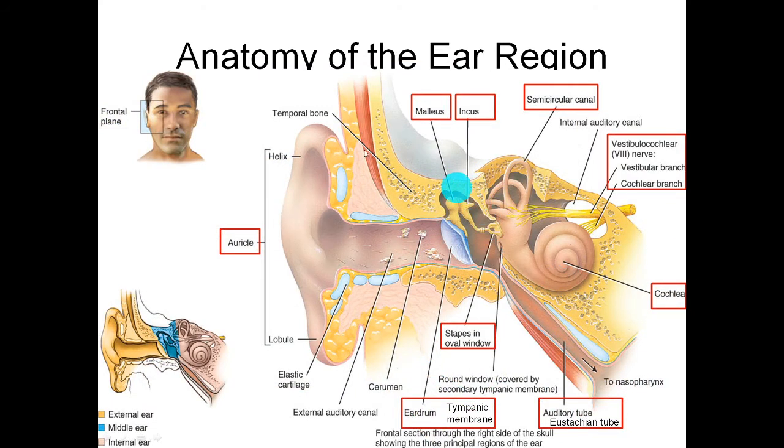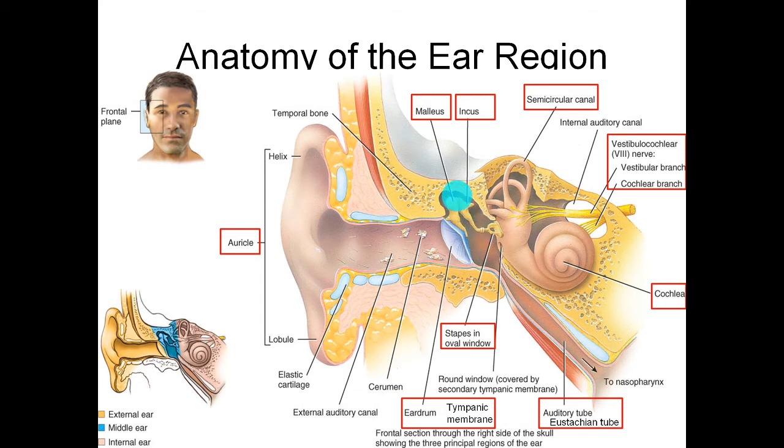Okay, so the final thing in the middle ear is this eustachian tube. And the eustachian tube runs from the middle ear down to your nasopharynx. In fact, when we went over the nasopharynx, we mentioned this opening of the eustachian or auditory tube. This tube is going to do a couple of things. First of all, it is designed to equalize pressure.